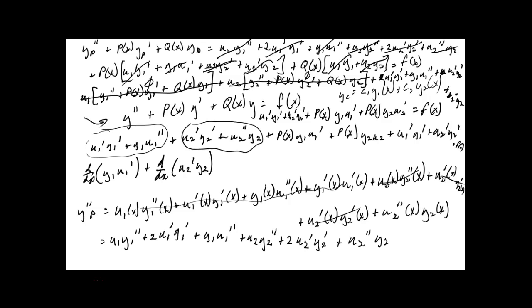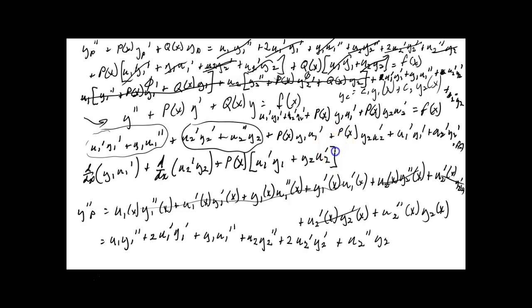Plus, let's factor out the p of x, and that's times u1 prime y1 plus y2 u2. I've left off a prime somewhere there. That's u2 prime.